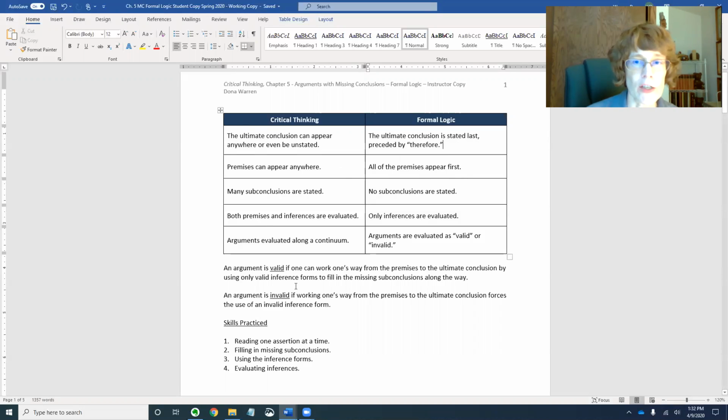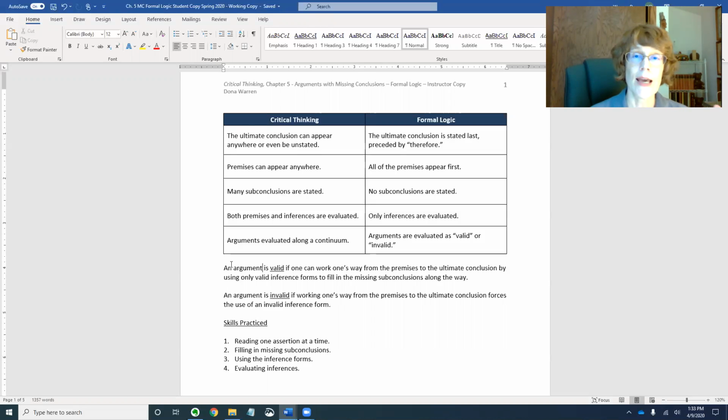So, what do we do in formal logic? Well, we assess arguments, just their inferences, as valid or invalid by working our way from this block of premises to the ultimate conclusion by filling in the missing sub-conclusions as we go along. If we can do that, if we can go from the premises to the ultimate conclusion using only valid inference forms, then the argument as a whole is valid because each link is perfect, so the entire chain is perfect.